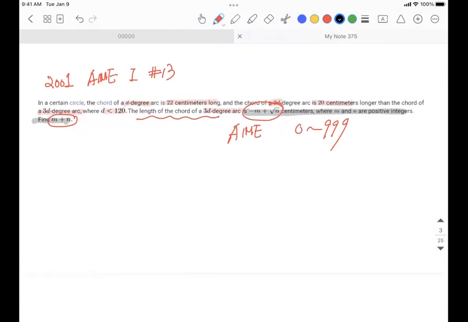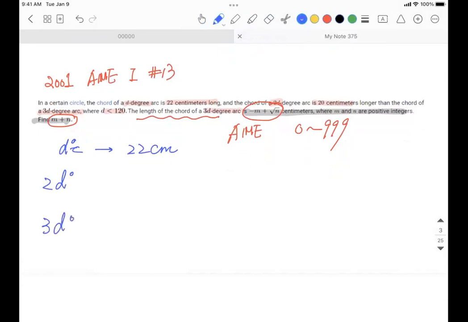Well, as you read this problem, did you find anything a little bit special? So I'm going to write it here. A d-degree chord is 22 centimeters. Then a 2d-degree chord and a 3d-degree chord.